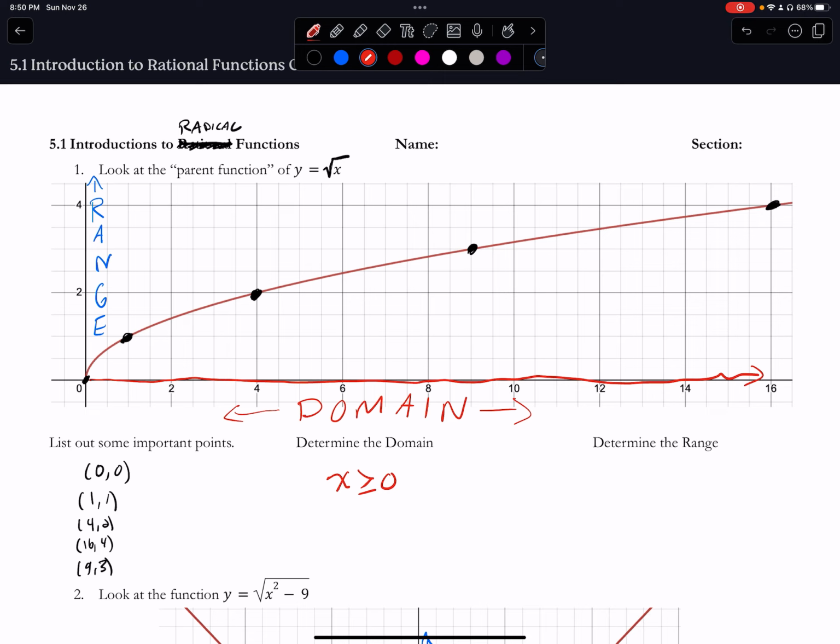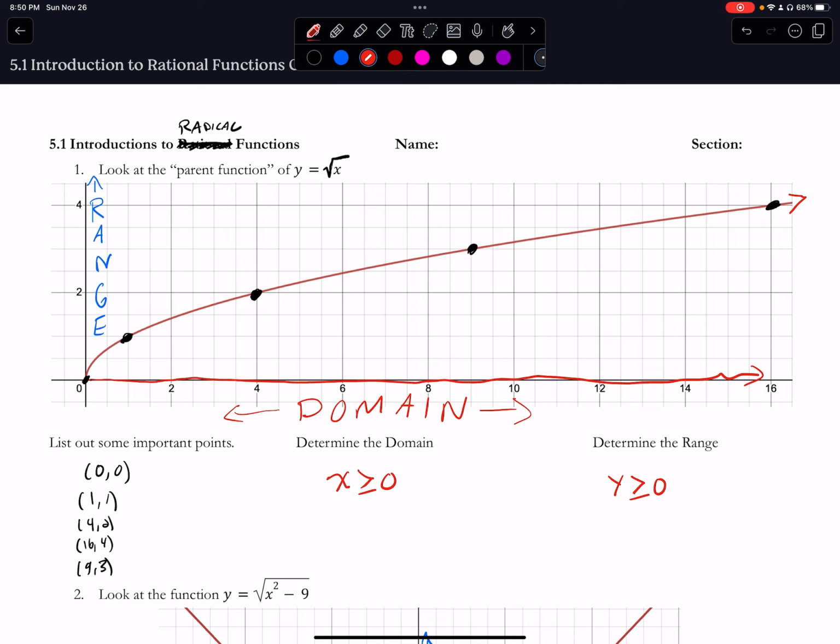And then if you look at the range, since it starts at 0, you're going to say y is greater than or equal to 0, right? So it's going to be all positive numbers because the graph just keeps heading off up towards infinity in the direction to the right. Okay.